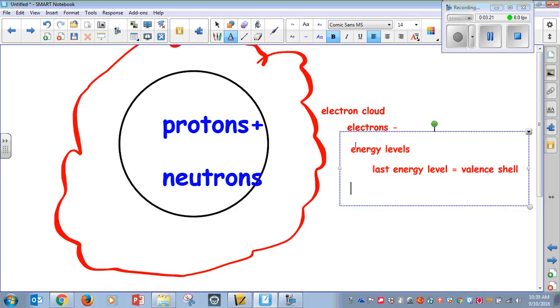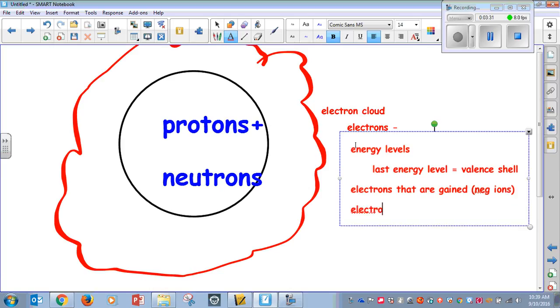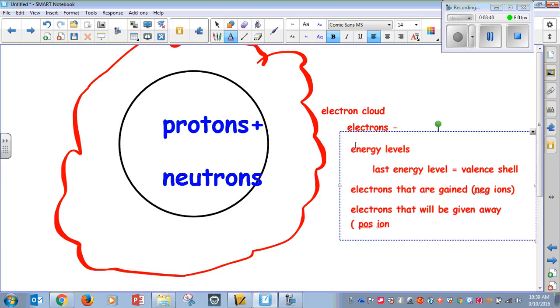And these are the electrons that are gained to make negative ions. These are where the electrons are that will be given away to form positive ions, and electrons that will be shared are here as well.